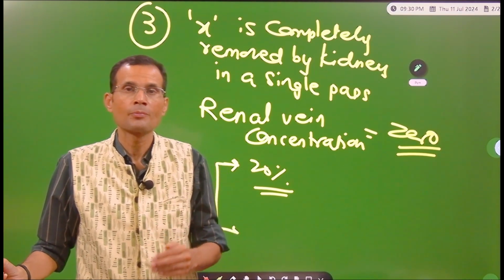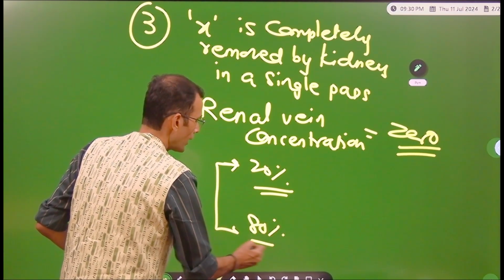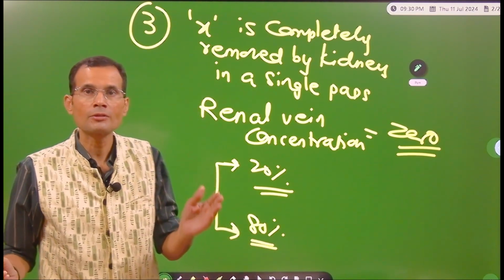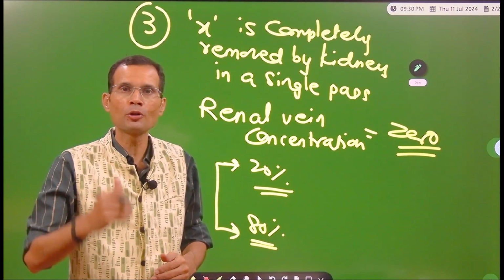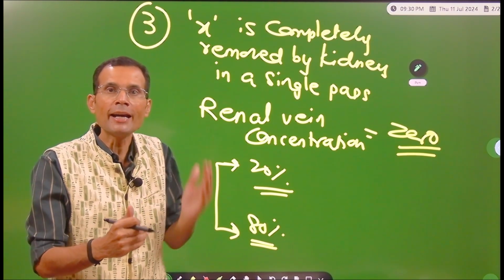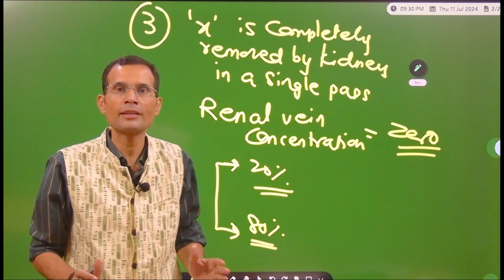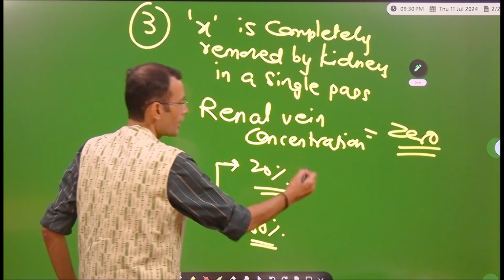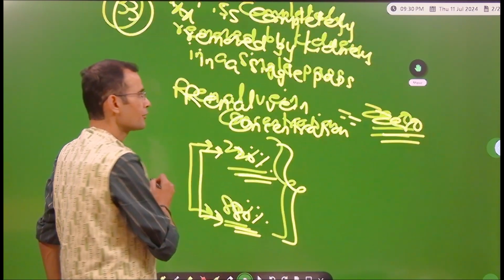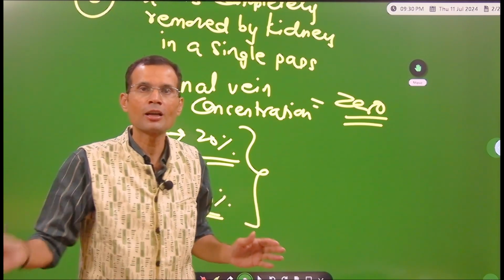That means this X, 80% of its fraction must come from tubular secretion. So 20% by glomerular filtration and 80% by tubular secretion, 100% coming into the urine. Okay, that's how X behaves: once it comes into the kidney, all of it comes into the urine.